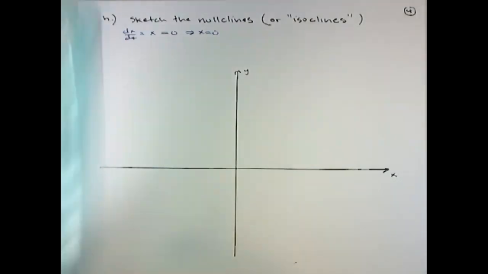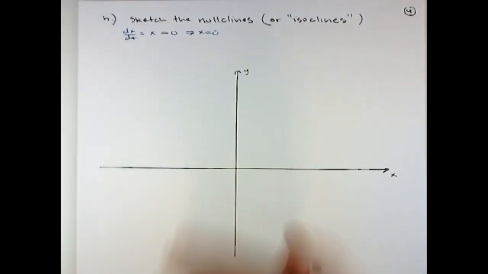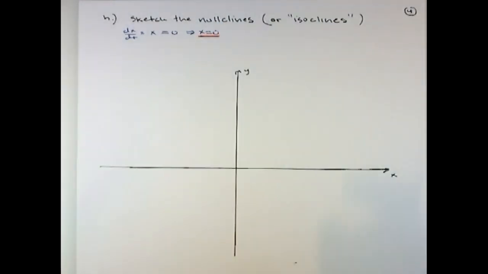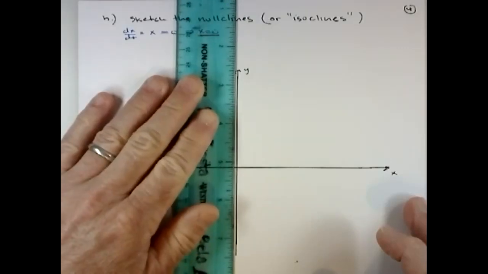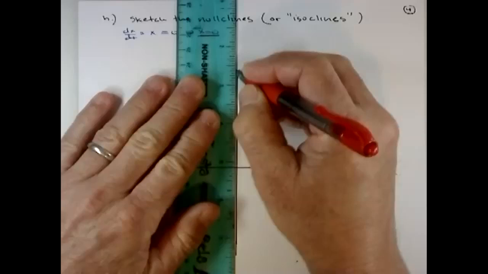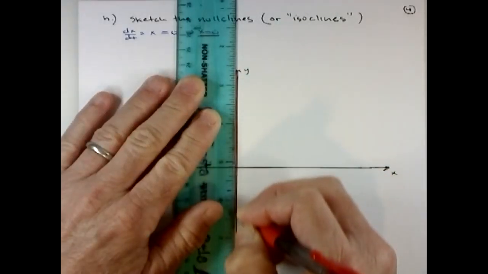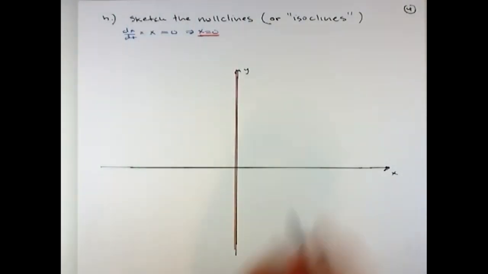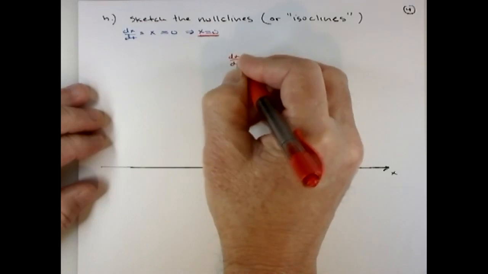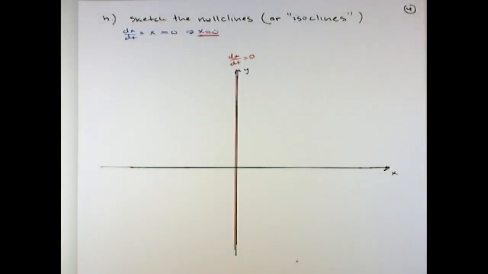Why don't I do this one? I'll underline this one in red. That is the y-axis, so I'm just going to draw it. This nullcline right here is all of the points where dx/dt equals 0.